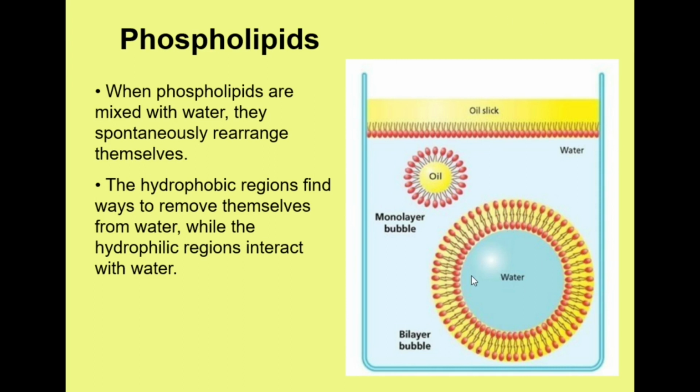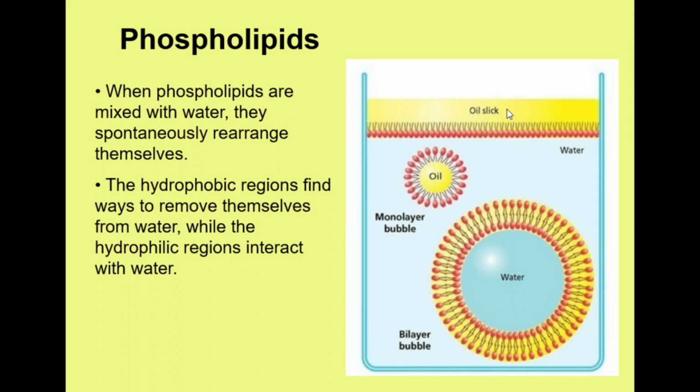So if we look at the diagram here, we can see what can happen. If you were to take some olive oil and pop it into a glass of water, what you would tend to find is you would get this kind of appearance. You would get this sort of slick on top as the oil coagulates. They form together, and they're at the surface trying desperately to get away from the water.